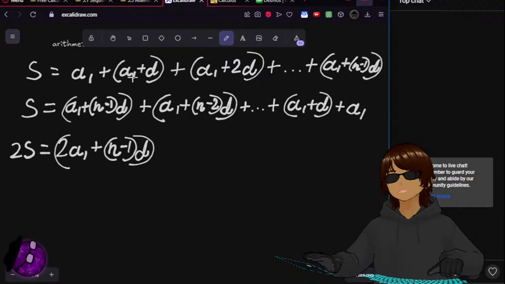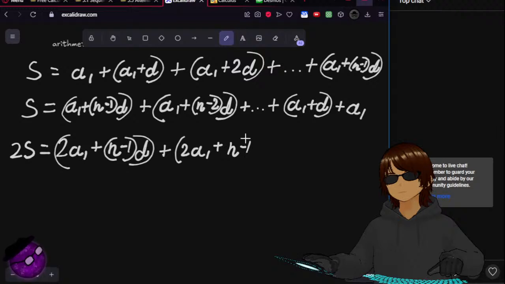For the second one, I also have 2 times the first term plus d, and then 2n minus 2d, which is n minus 1 d. So this and this makes this.